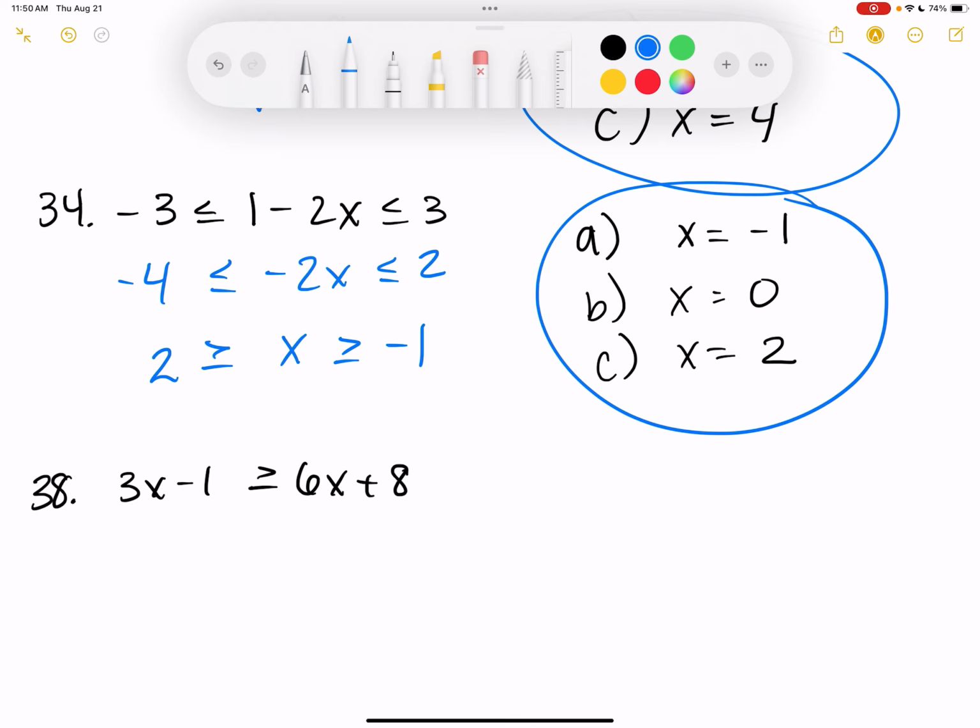So I'm going to have negative 3x, add the 1 over, is greater than or equal to 9. I'm dividing by negative 3, so I have to flip that inequality. So x is less than or equal to negative 3.